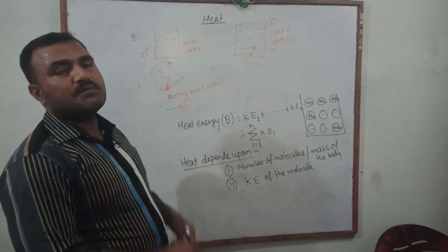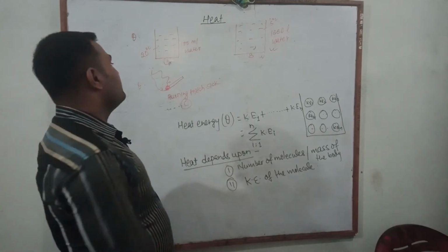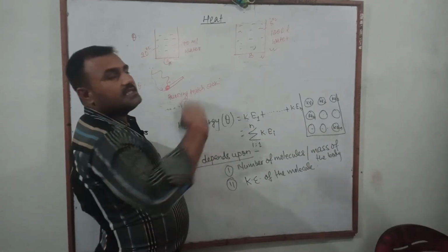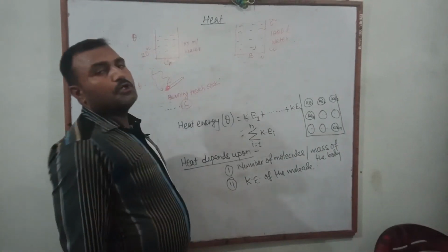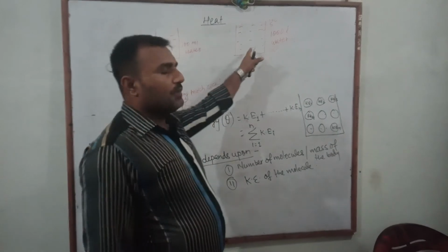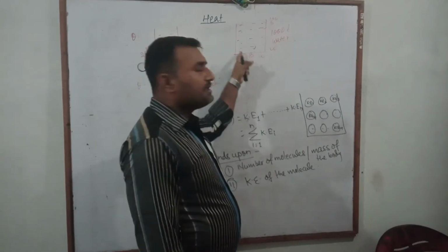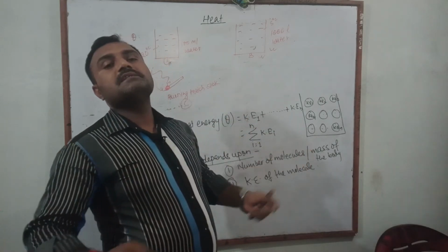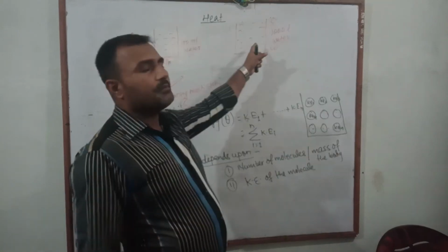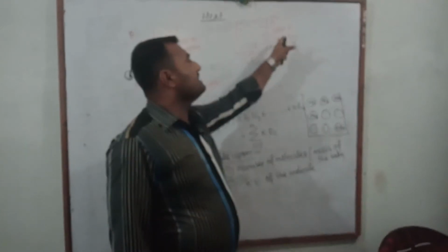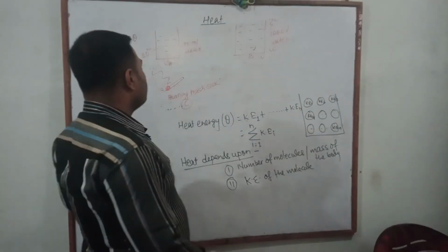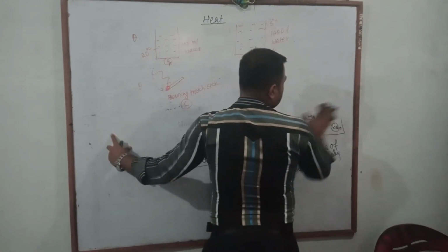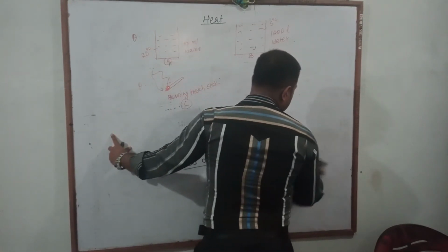Which one has more heat energy? In this case also, the burning matchstick has less heat energy than the drum of water, even though the water has a low temperature. Why? Because the number of molecules is more, therefore the sum of kinetic energy increases and more heat energy is present in 1000 liters of water. And in this way we can explain the factors on which heat energy depends.